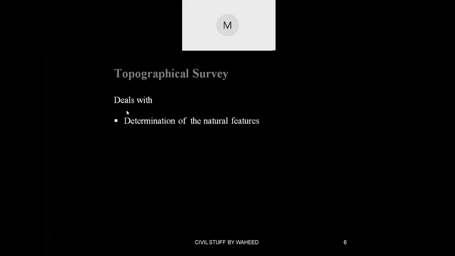It deals with the determination of natural features. What are the natural features? They may be hills, valleys, rivers and lakes. All these are natural features which are incorporated in one map, that is the topographical map. Along with these natural features, some of the artificial features are also included.